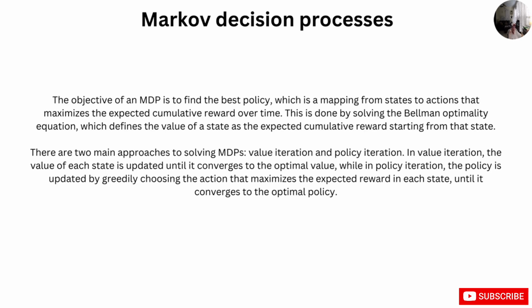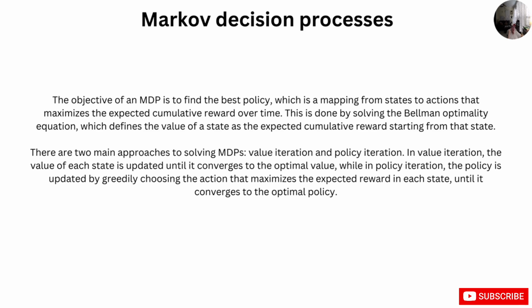The objective of an MDP is to find the best policy, which is a mapping from states to actions that maximizes the expected cumulative reward over time. This is done by solving the Bellman optimality equation, which defines the value of a state as the expected cumulative reward starting from the state.